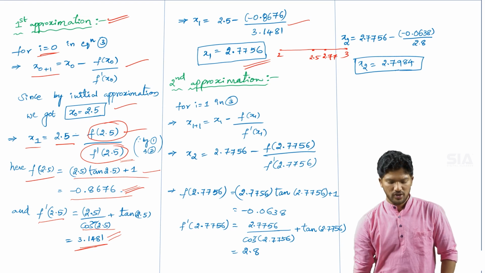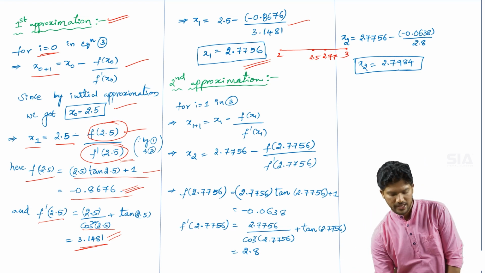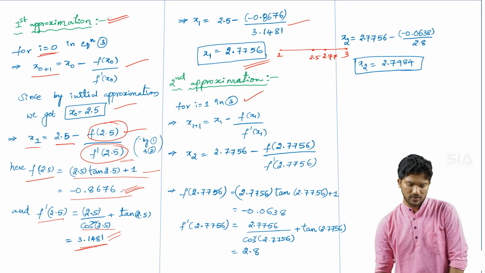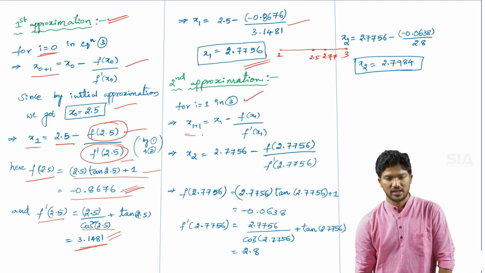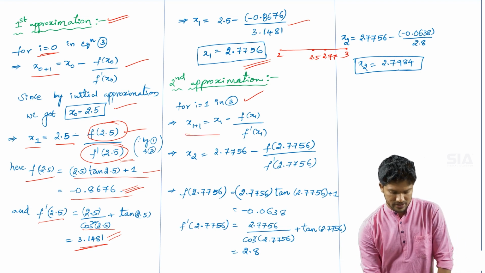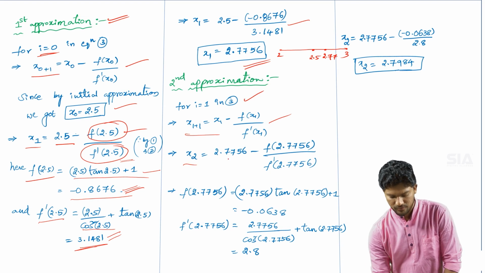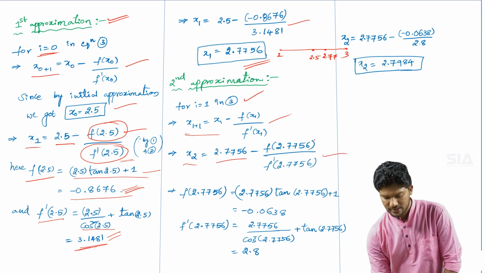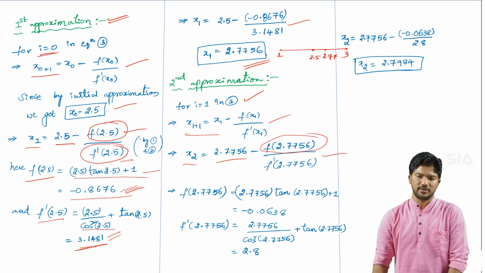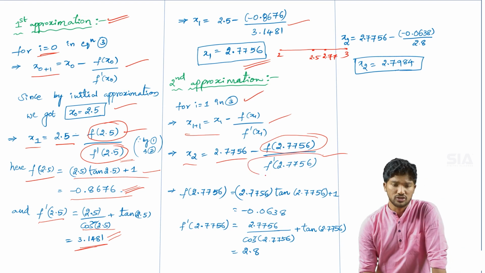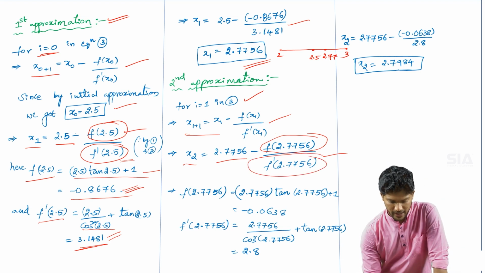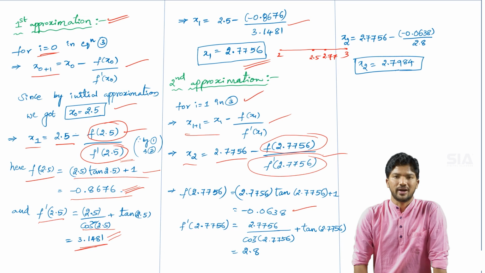Now the second approximation. So for i is equal to 1 in equation number 3, you will get x suffix 1 plus 1 is equal to x1 minus f of x1 by f dash of x1. So first of all x2 is equal to, substitute those values and find this value separately and find that value separately. You will get minus 0.0638 and this differentiation value 2.8.